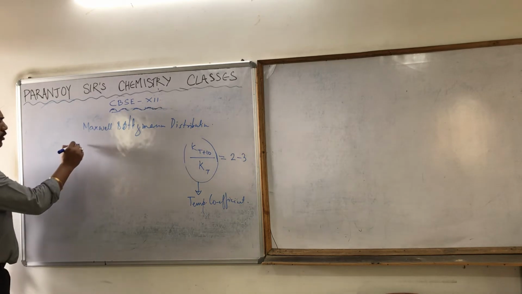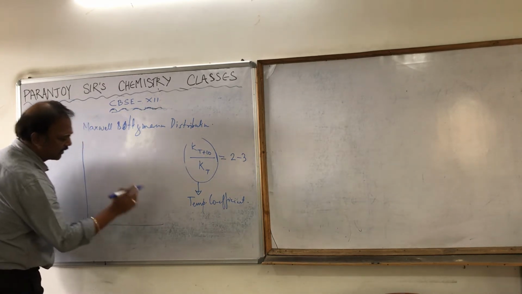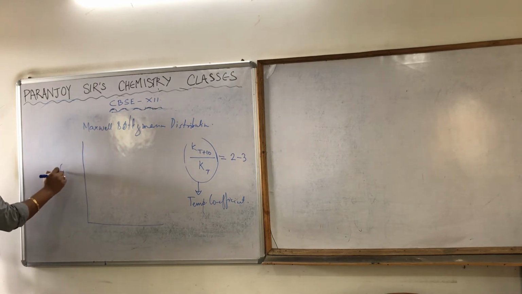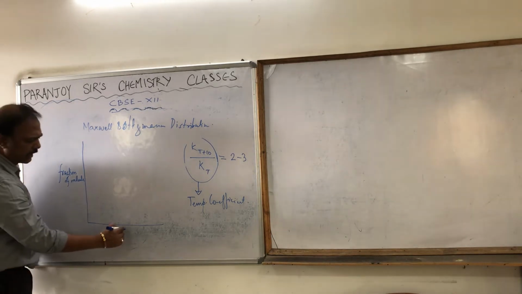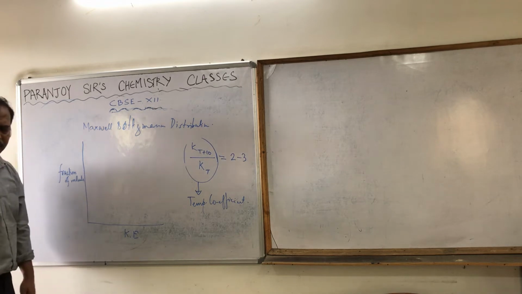So if we plot, please understand the graph: the fraction of molecules or number of molecules on this side, and whenever I say molecule, we are talking of reactant molecules, and on this side we plot kinetic energy.